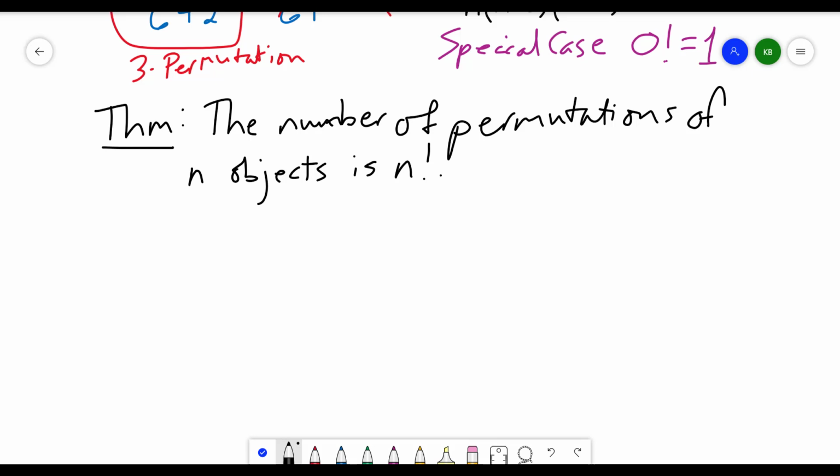So we can actually use factorials to help us when we're counting permutations.